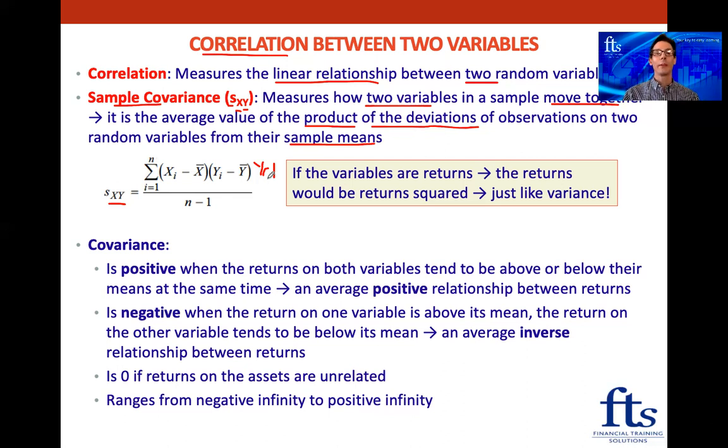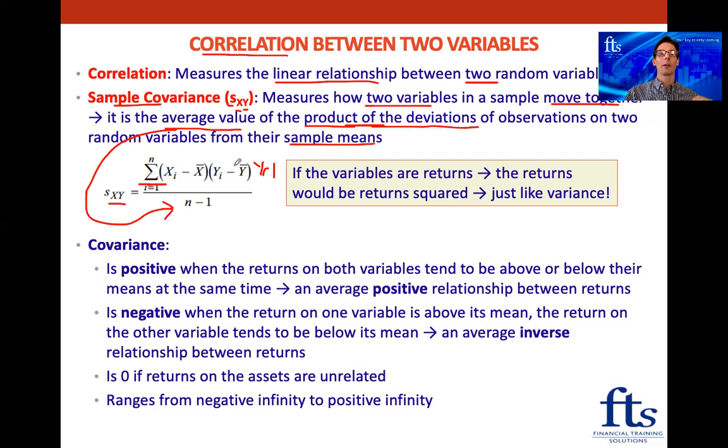That's why we say over here we're taking the product of these deviations in the numerator, and we can see here again that we're going to then sum up all of these deviations in the numerator, and then it says here we're going to take the average value of these deviations, and that's again why we divide by n minus 1, just like we did with the variance. Remember the variance? This is now very similar. So instead of having variance, we've now got covariance.